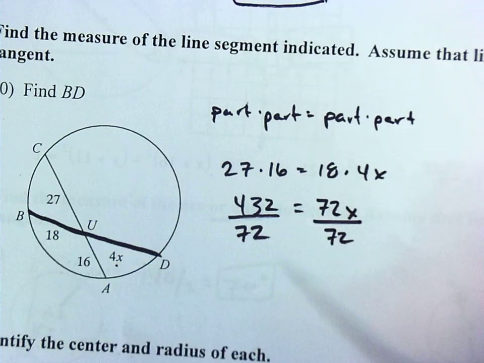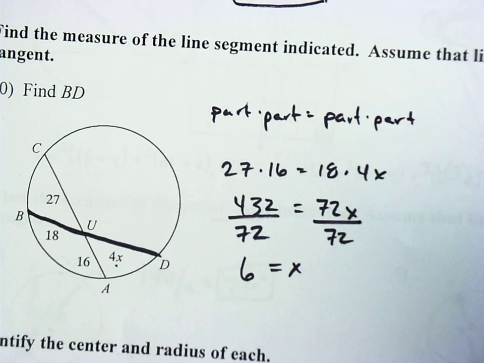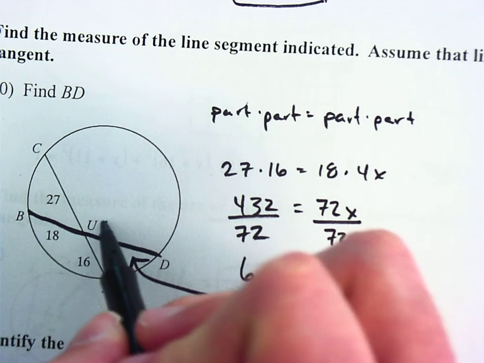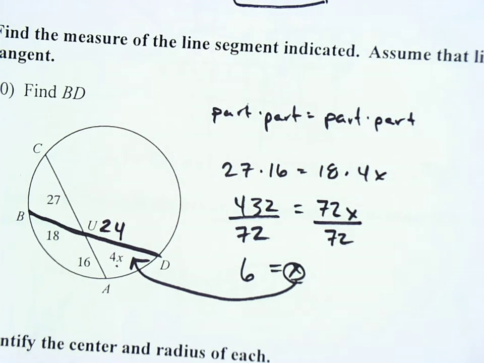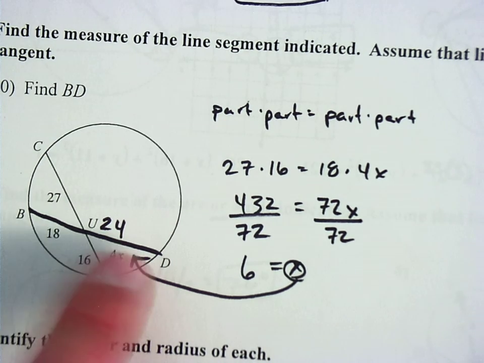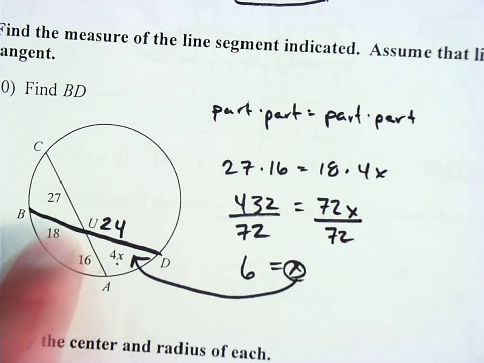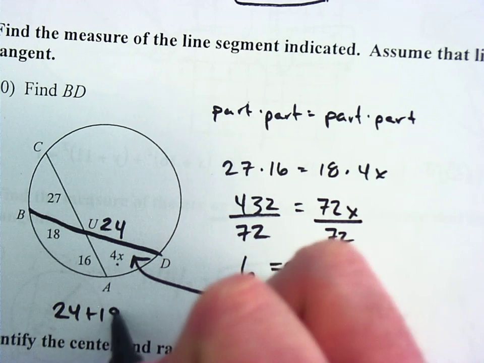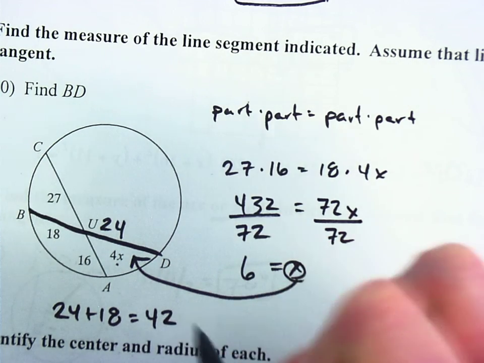X is 6. All right, well if x is 6, I know the length of this piece of BD, which is 4 times 6, or 24. And to find the whole length of BD, I use 24 and I add 18. So 24 plus 18, which is 42.